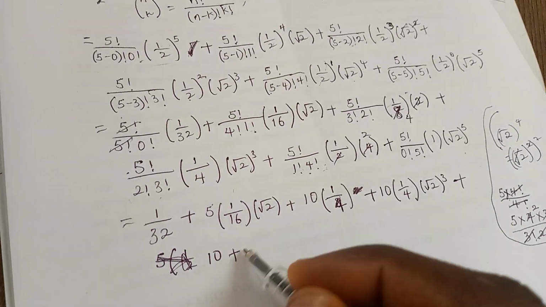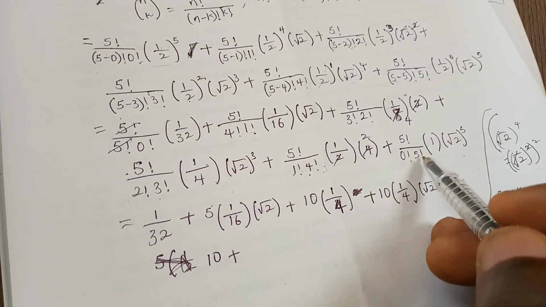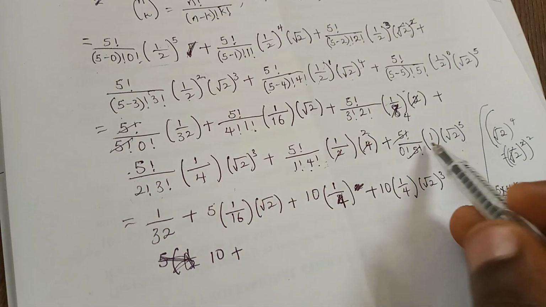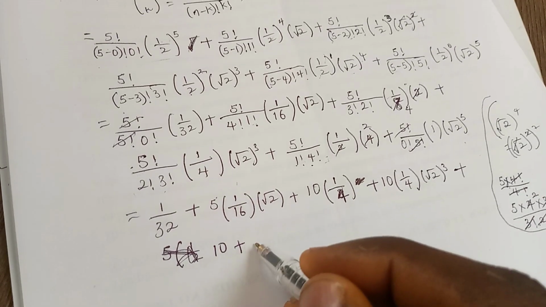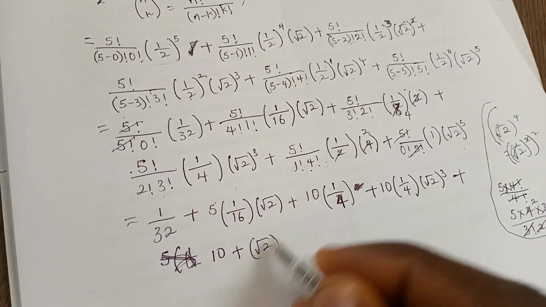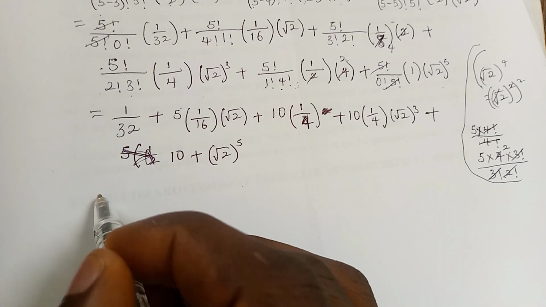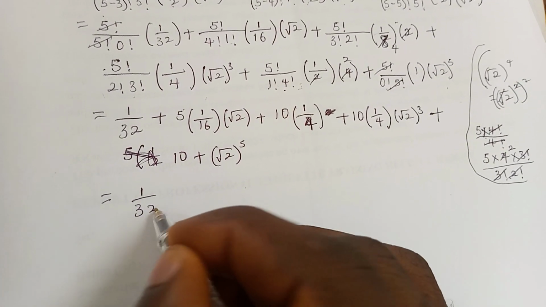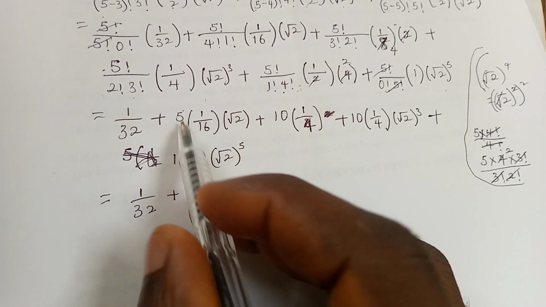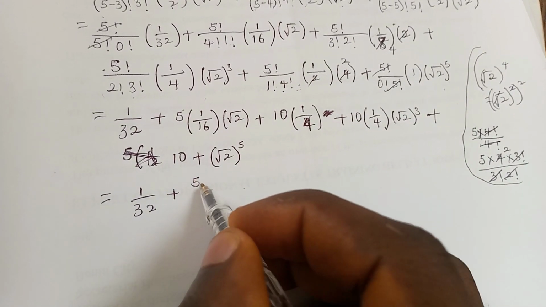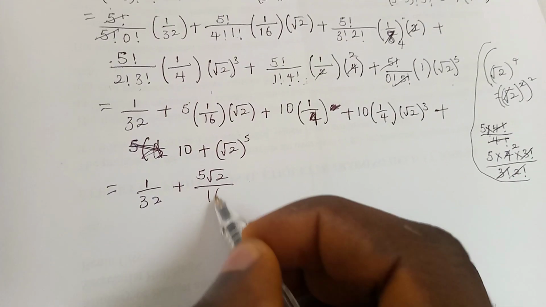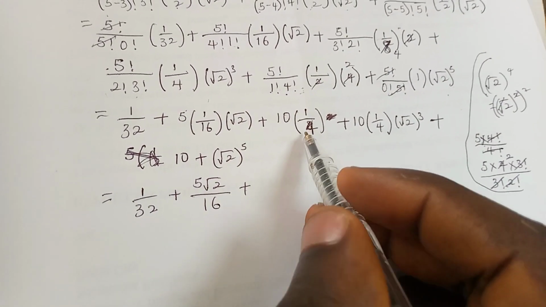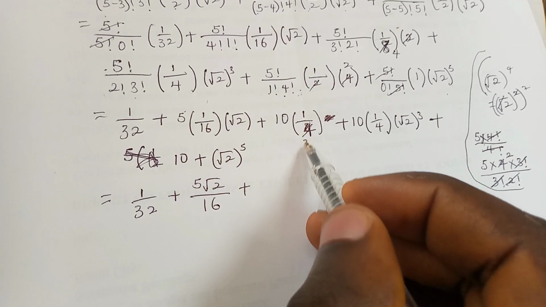And then the last one is 5 factorial over 5 factorial. Cancels itself. 0 factorial is 1. Then 1 times the square root of 2 all to the power of 5. And let's try if we can simplify. We have 1 over 32 plus 5 times 1 is 5 root 2 over 16. 10 over 4 is the same thing as this divided by 2.